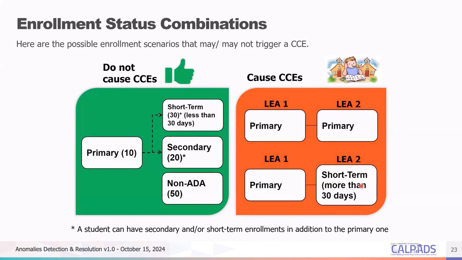At that point, if the student is still at the COE or juvenile school or whatever short-term school is managing that enrollment, if it's more than 30 days and the student is still there, that's when LEA 1 relinquishes the enrollment. They exit the record a day before the short-term enrollment, and the short-term enrollment then assumes the primary enrollment.